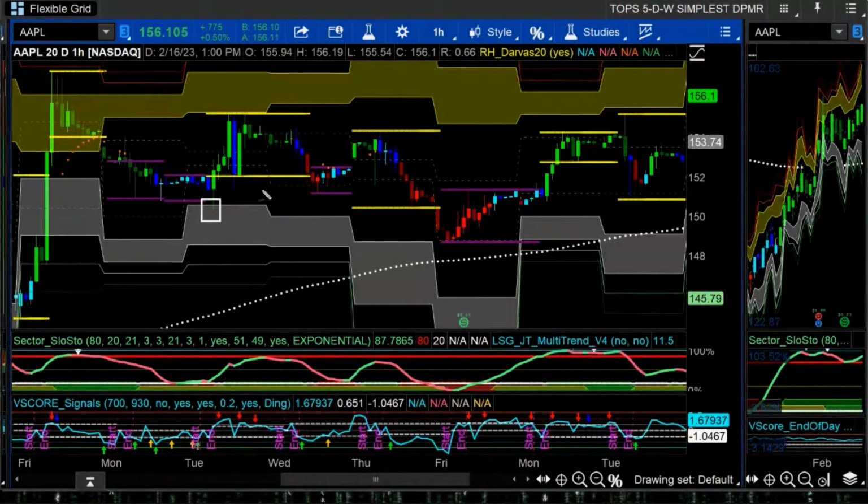First thing we hit was that, right? Second thing we hit was that. So the last thing we did was resistance. Okay? And then since that, really not much since the resistance. And that's the 1-hour chart.